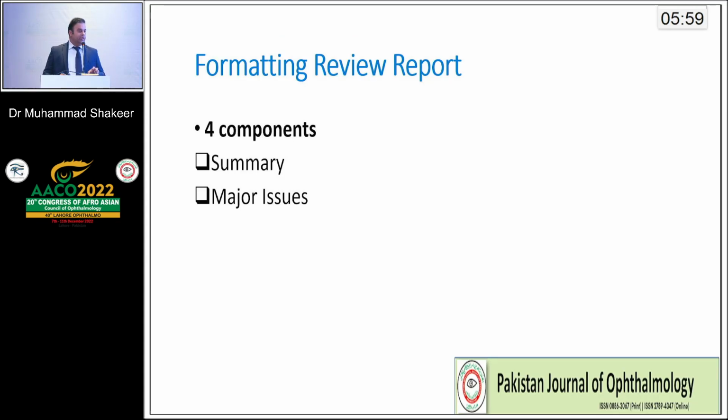Minor issues are the grammatical mistakes, typing errors, or some errors in the referencing or citations. And in the end, the important thing is your recommendation, whether you would like the authors to revise your manuscript, or accept or reject it. This is an inverted pyramid of the points that I've talked about in the previous slide.